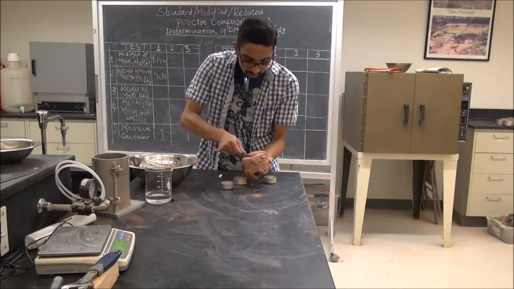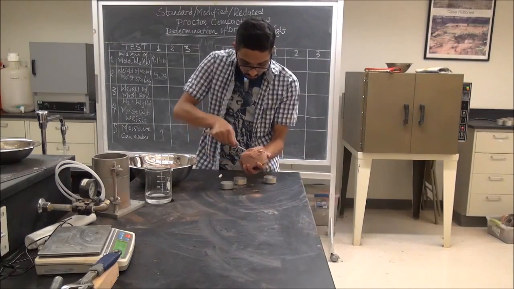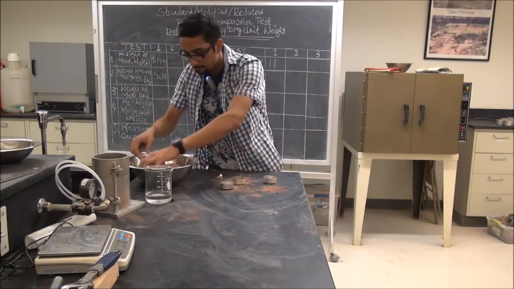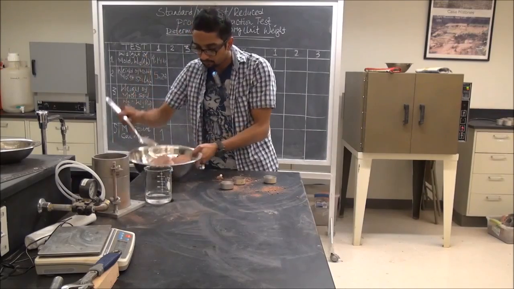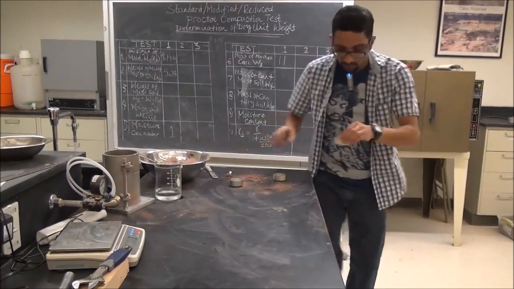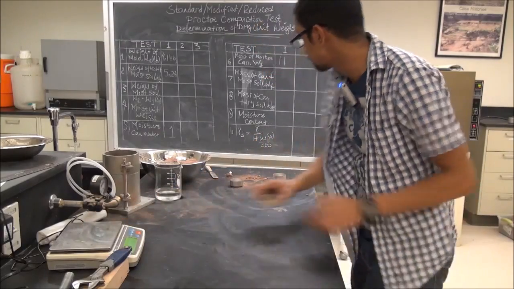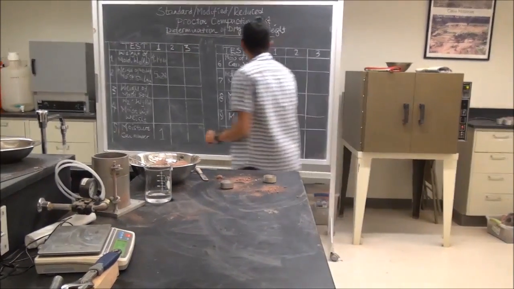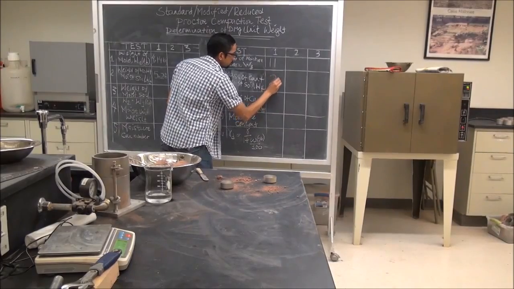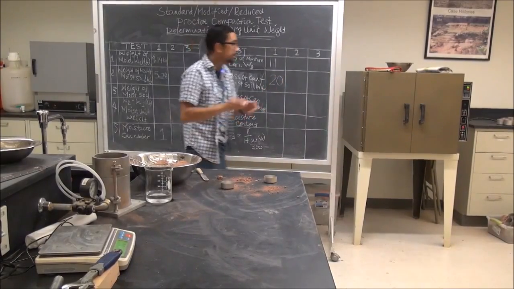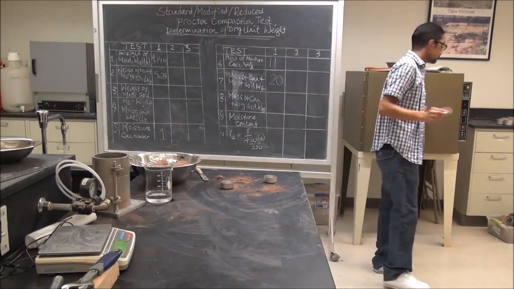Put it in the moisture can that you measured just now. Put the soil back in the. Then measure the mass of the soil, 20 grams. And put it in oven for drying for 24 hours.